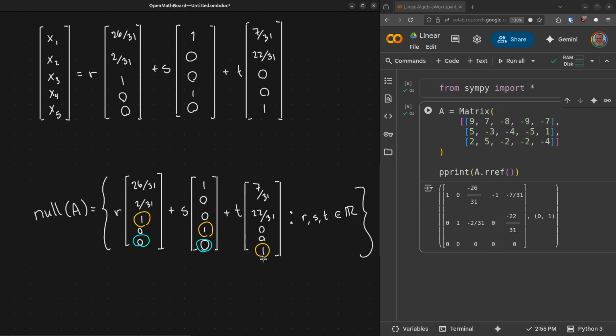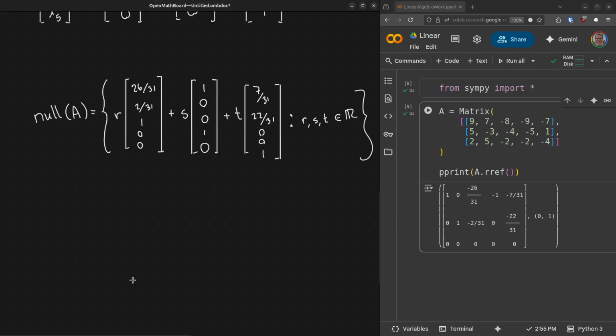So there's no way I could get rid of something non-zero by multiplying a 0 and adding it. The only way I could get the linear combination to equal 0 is if R and S and T are 0. That's the only way I could get a linear combination of those three vectors to equal 0.